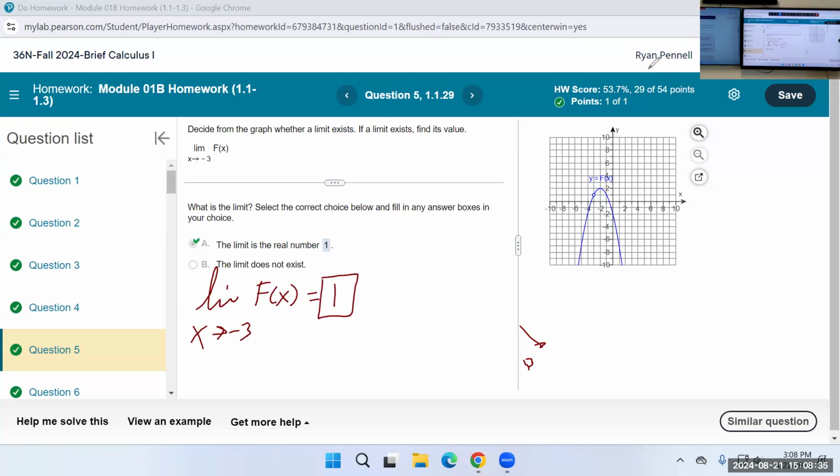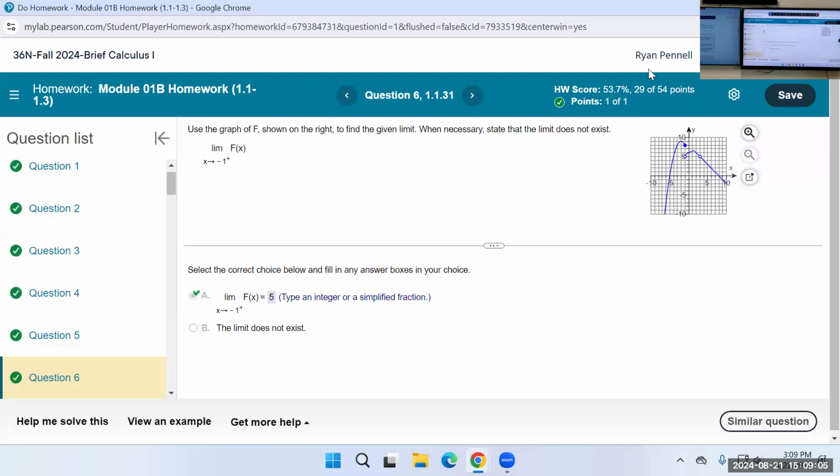Even though there's a hole there, the limit agrees that it's going there. That's it. So notice that that's the y value. I'm entering the y value. So it's going towards that. Does it make sense? What I'm talking about? Sort of.